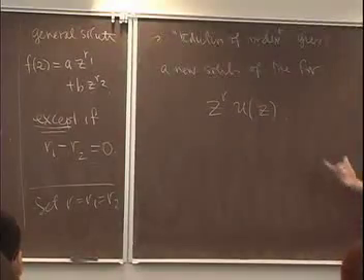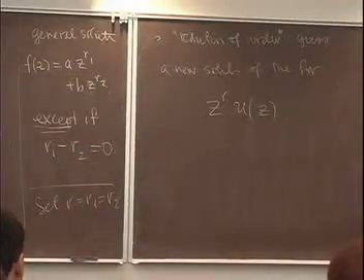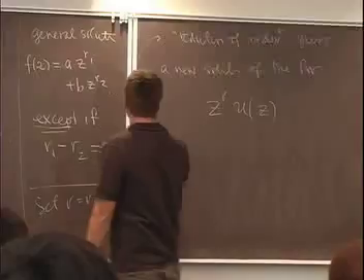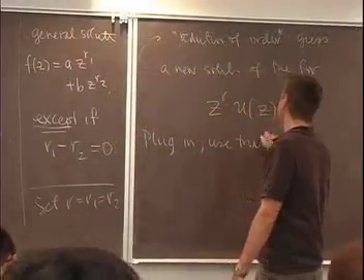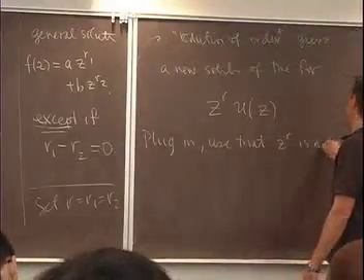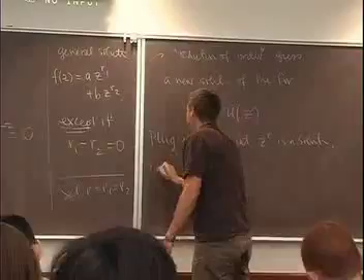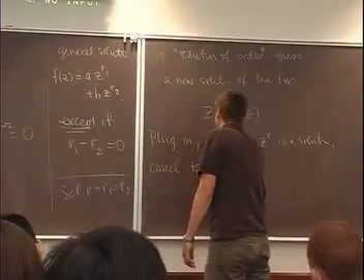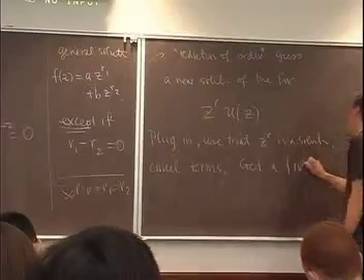Then you plug this in, and you use the fact that z to the r is a solution. That cancels out a bunch of terms, and you get a first order equation.